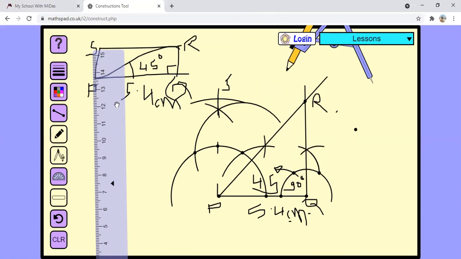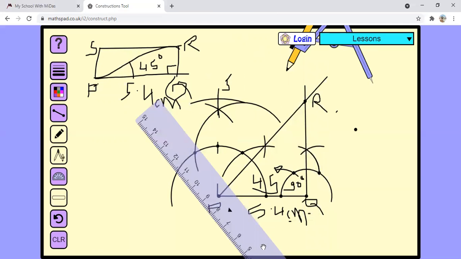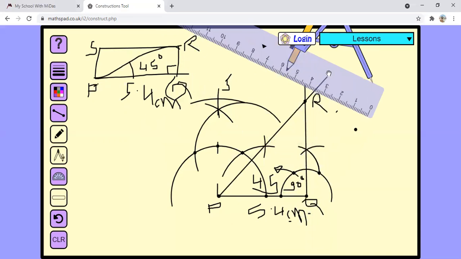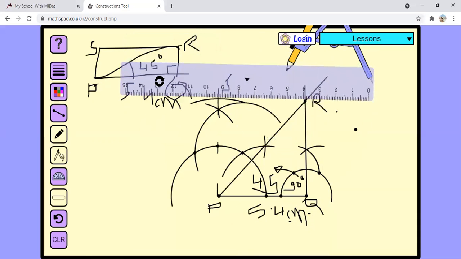Now take the help of ruler and join it. Like this, put and join this.